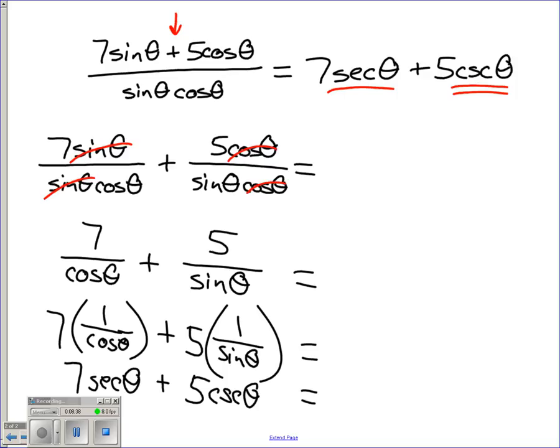Let's take a look at example 3. Again, the direction just says verify.